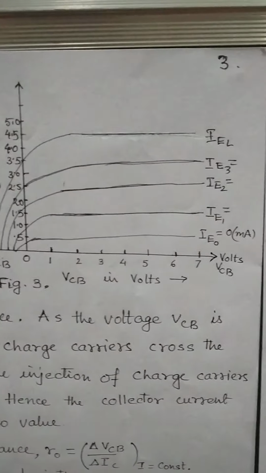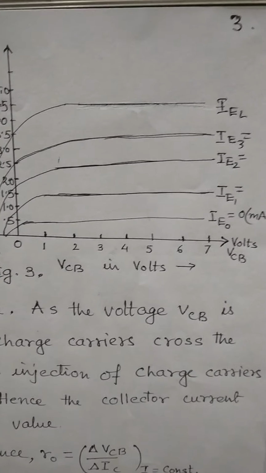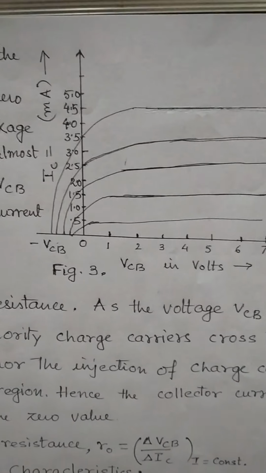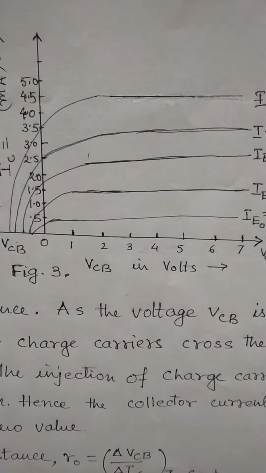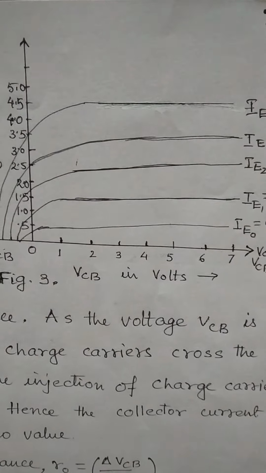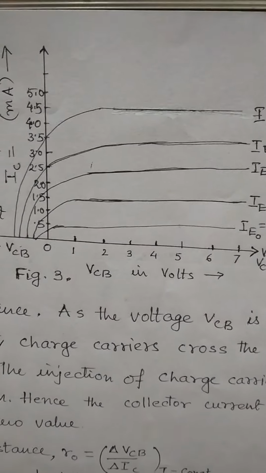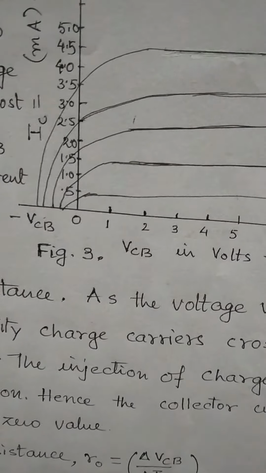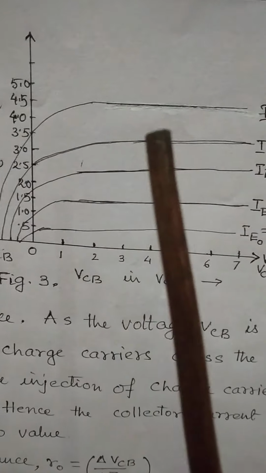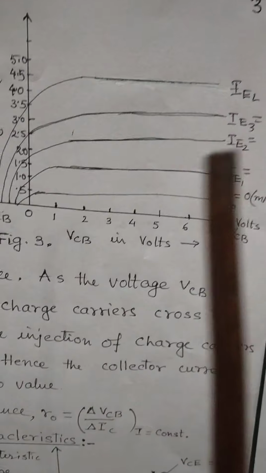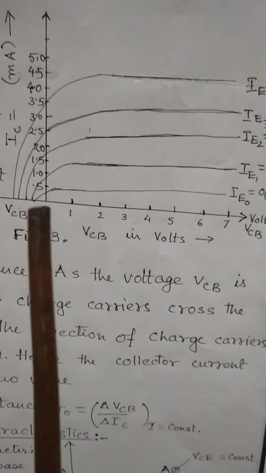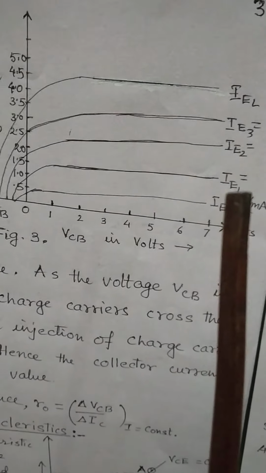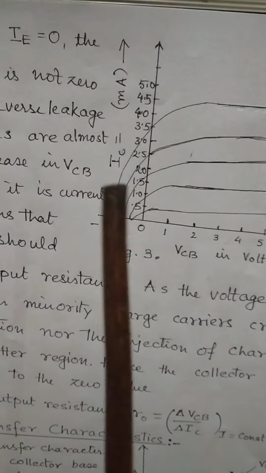For a constant value of IE, that is emitter current, we have changed the value of VCB, that is collector base voltage, and noted the variation of collector current and drawn this type of graph. First it increases and then it becomes constant, that is saturated.